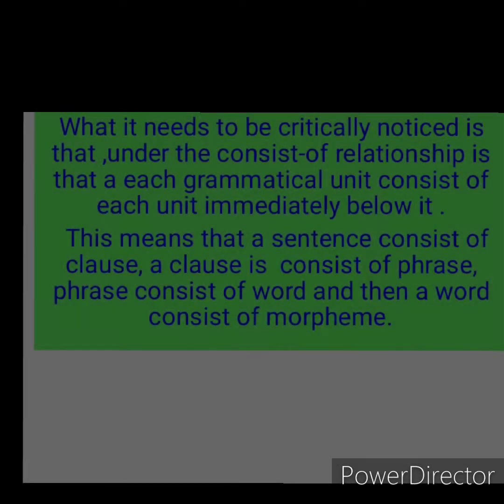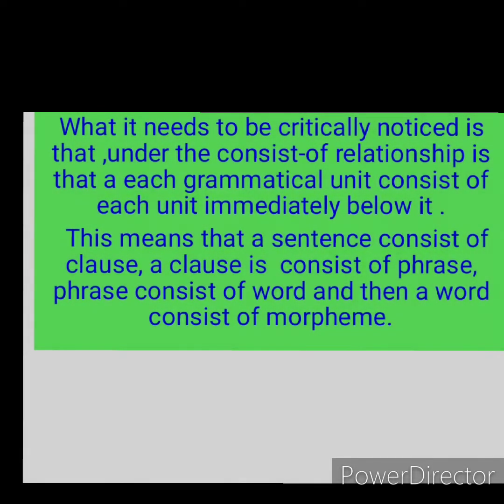What needs to be critically noticed is that under the consist of relationship, each grammatical unit consists of each unit immediately below it. Right.